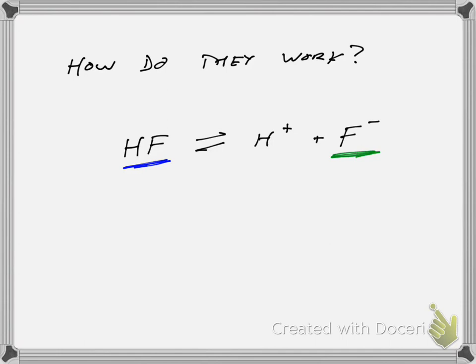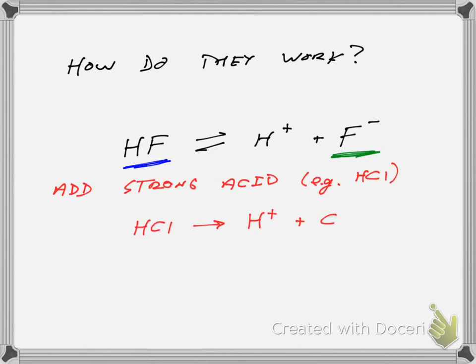So, so long as, so first of all, let's think of when we don't have a buffered system. If we don't have a buffered system and you added a strong acid like hydrochloric acid to this solution, you'd basically just be pouring in H plus ions, right? Because the definition of the strong acid is that it completely dissociates into H plus and Cl minus.